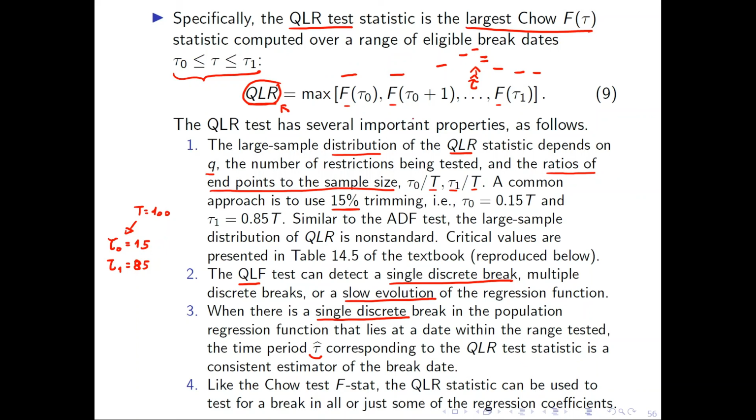And the F-stat, or the QLR statistic, can be used to test for a break in all the regression coefficients, or just some regression coefficients.